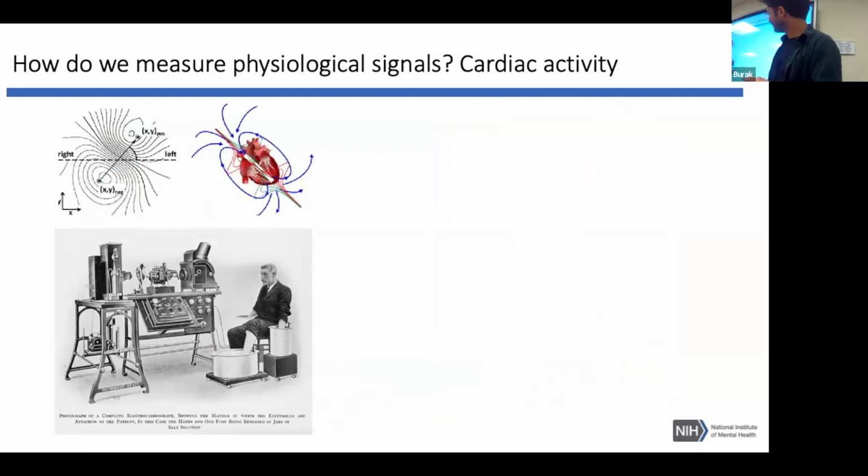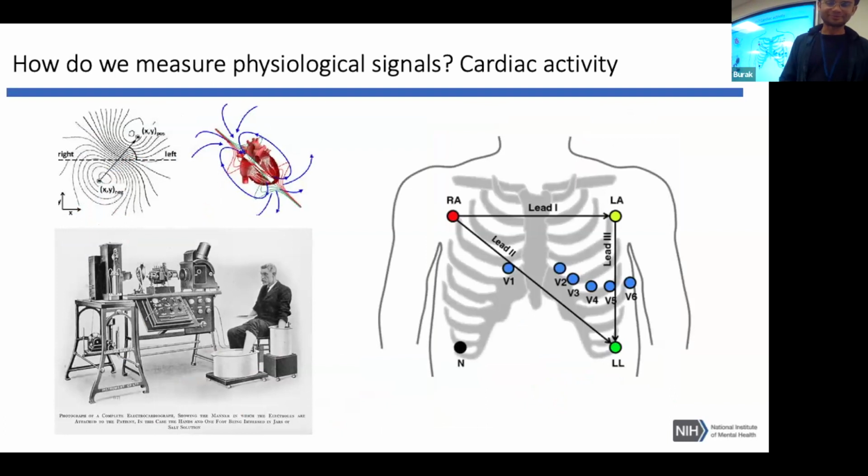He put his hands and leg in salty water and tried to measure his heart's activity. It brings the idea of the Einthoven triangle, because the dipole of the heart is changing, and you need three points to follow where it's going, and then you measure this cardiac activity. Actually, if you have more electrodes around the body, you will have a more precise measurement.